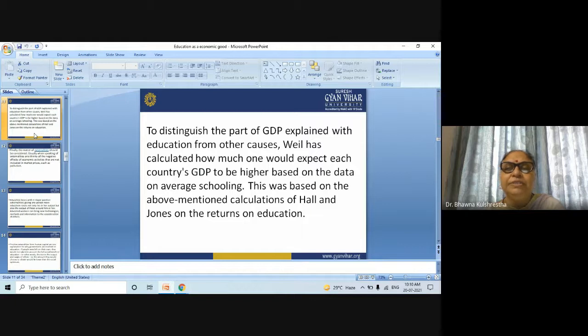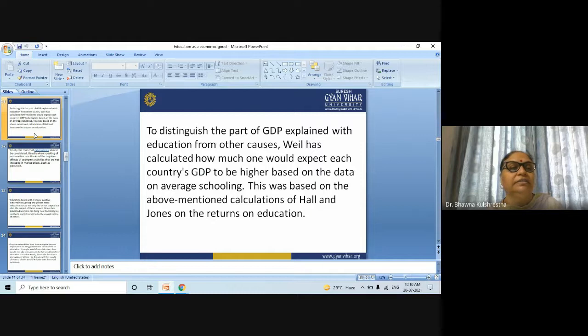The GDPs predicted by Weil's calculations can be plotted against actual GDPs, as is done in the figure on the left, demonstrating that the variation in education explains some but not all of the variations in GDP.